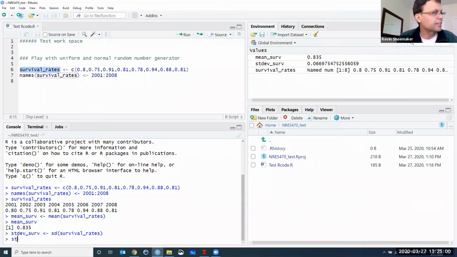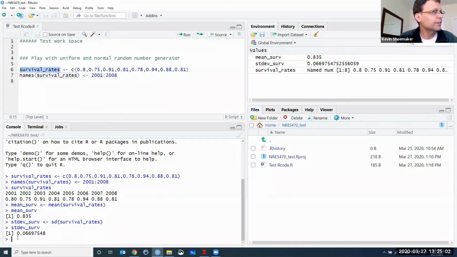Standard deviation in survival rate in this population is basically 6 points, or almost 7%. That's saying that the mean is 0.835, but there's some variability such that anything within about 7% of that mean survival rate is somewhat likely to occur. And anything within 2 standard deviations, more like 14% of that mean, is possible, we might observe.